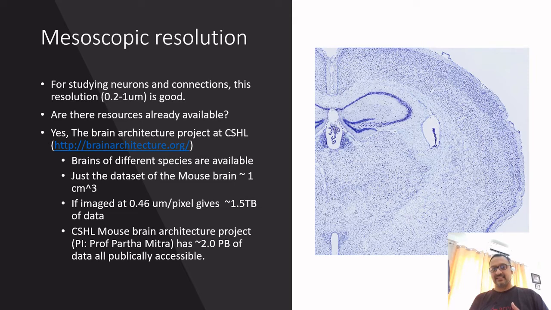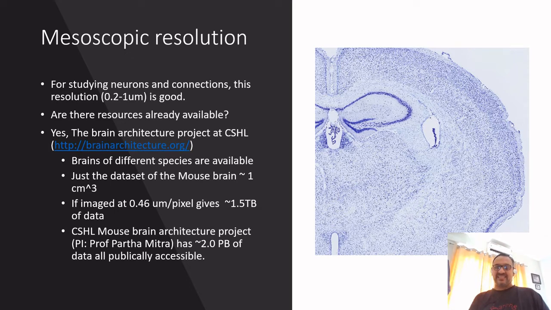He has the mouse brain, as well as other species' brains that have been histologically processed and imaged at a reasonable resolution, and it's freely available to everybody, right? The website you go to for Professor Mitra's lab data is called brainarchitecture.org, and there are different species brains available, including mouse, rat, turtles, fox, cats, right?